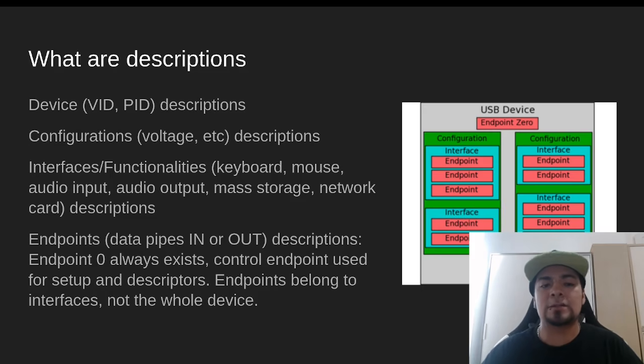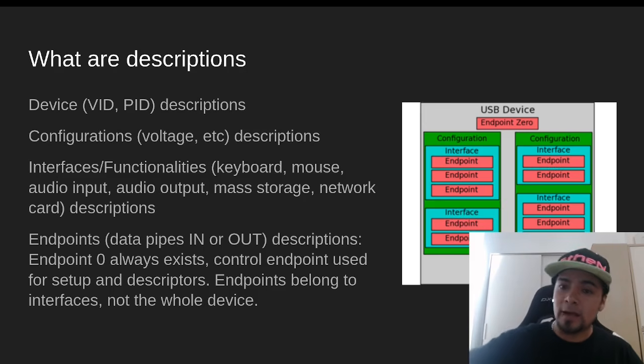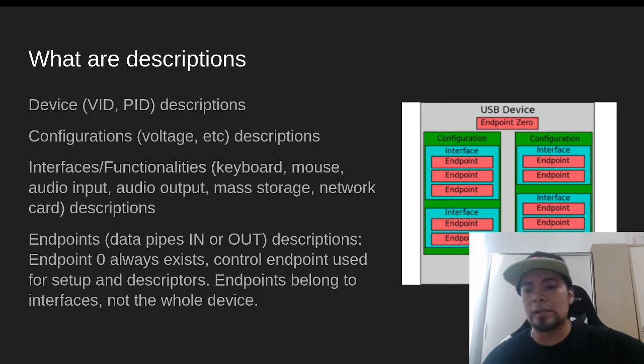So the endpoints are a bridge or data pipes in or out for the descriptions. Okay. So the endpoint is the place where the information between the USB device and the USB core in the laptop or in the embedded device is communicated. Okay.